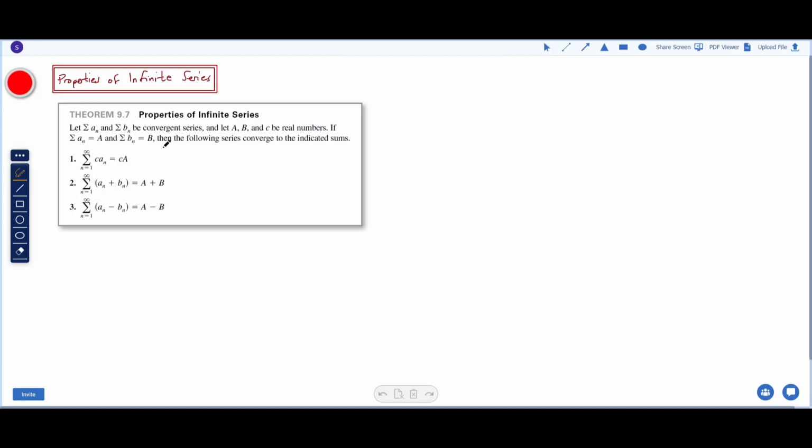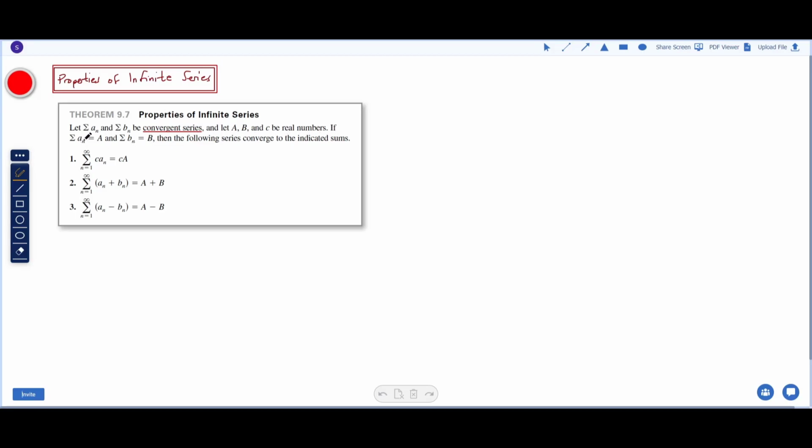Right, so we're making the assumption that these series converge. It says let the summation of a sub n and summation of b sub n be convergent series. So we're assuming that they're convergent. And let A, B, and little c be real numbers.